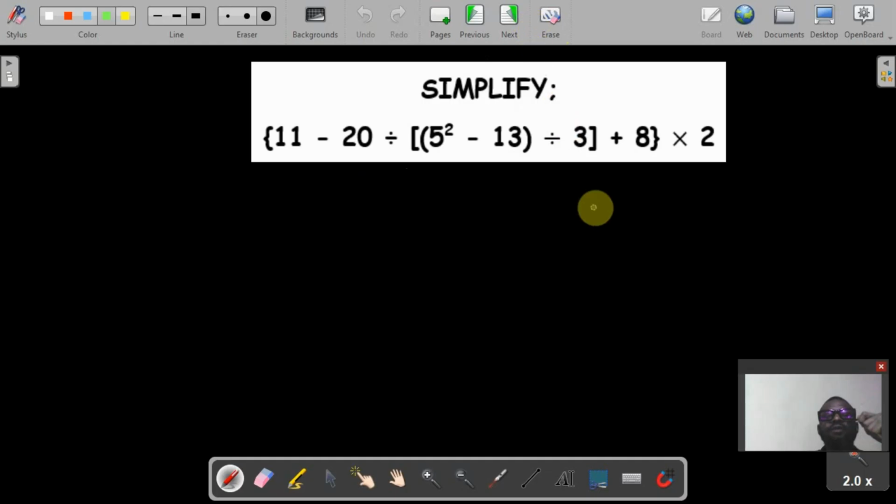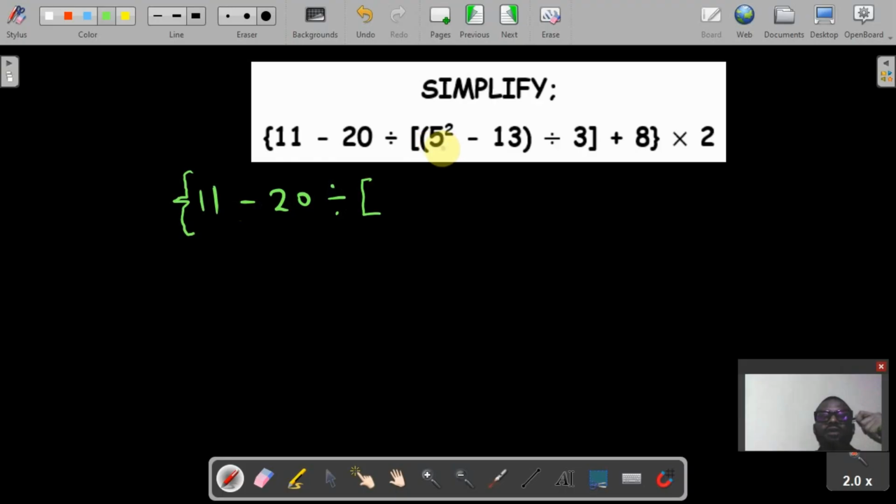Now simplify this. I have 11 minus 2 divided by 5 square minus 13 divided by 3 plus 8, all times 2. So there are many brackets here. There's an outside bracket, this bigger bracket. Then we have 11 minus 20, then divided by, there's a bracket open.